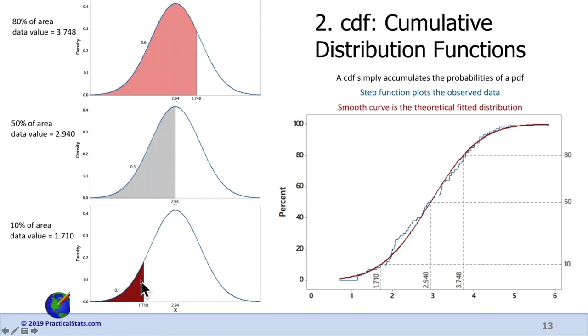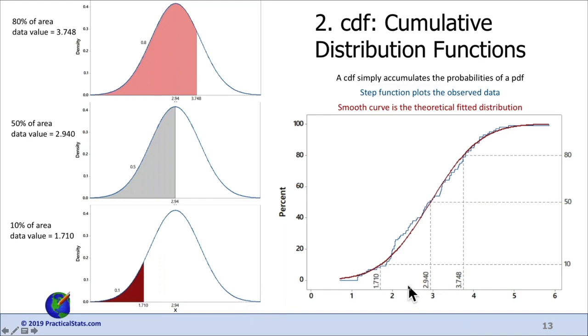And you can go in and say, I want the 10th percentile for this curve. So if I have 10% of my data below a value of 1.71, that's the area that's shown in the color right here. I could take that and go over to a different kind of plot, one that accumulates these areas, called a cumulative distribution function.